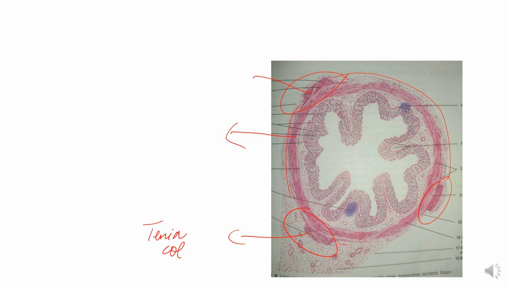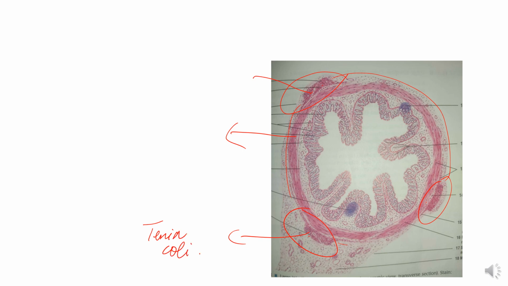Now this is the colon, and you can see here the inner circular layer is good, but the outer longitudinal layer is arranged in the form of bands. It is not encircling the whole organ, it is present in the form of bands. These bands are known as the taenia coli.